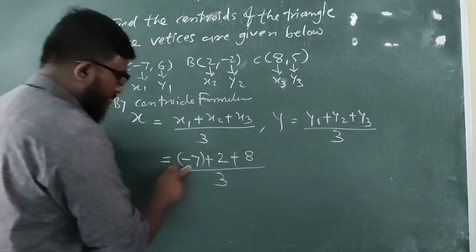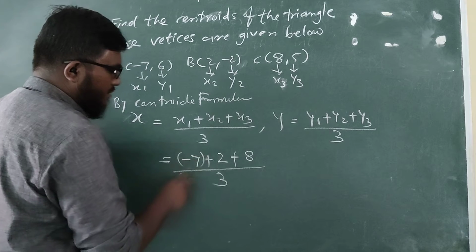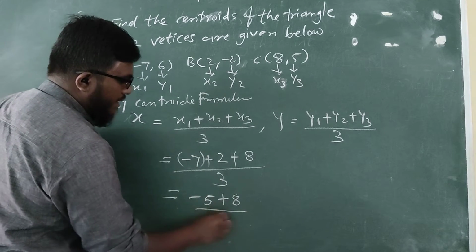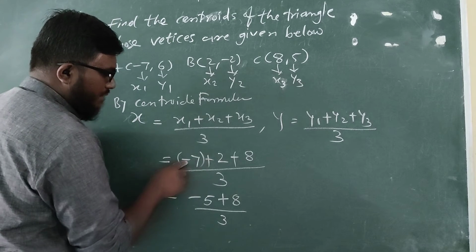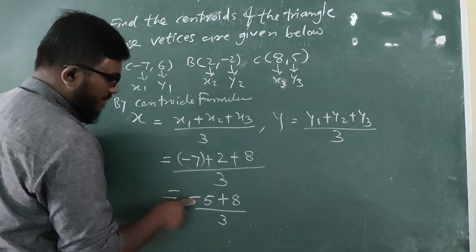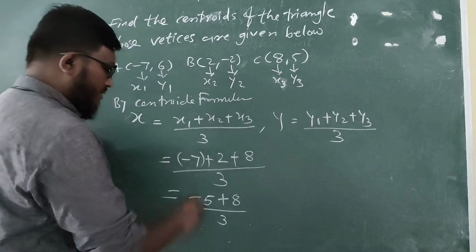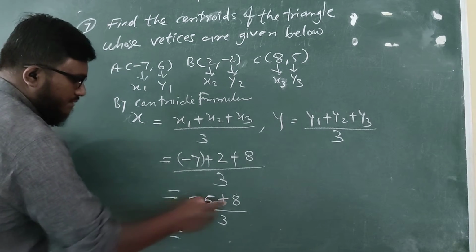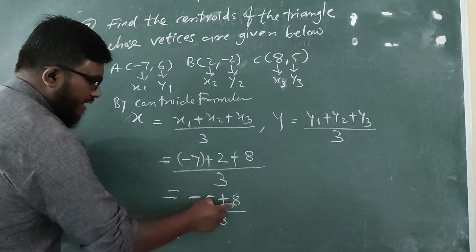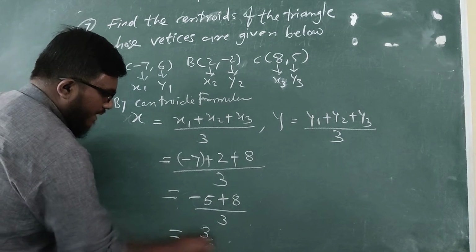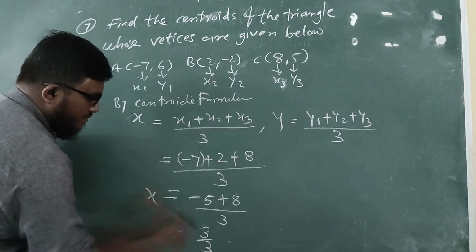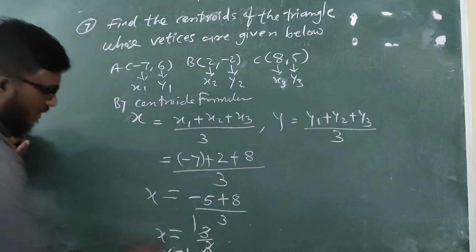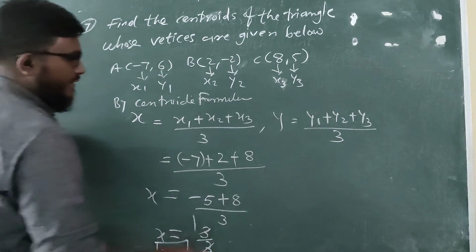Now minus 7 and plus 2 becomes minus 5 plus 8 divided by 3. Minus and plus become minus. 7 is a bigger number, that's why minus sign is there. 7 minus 2 is 5. So here also minus plus minus, greater number is plus, that's why 8 minus 5 becomes 3, and 3 divided by 3 is equal to 1. 3 ones are 3, therefore x is equal to 1. The value of x is 1.